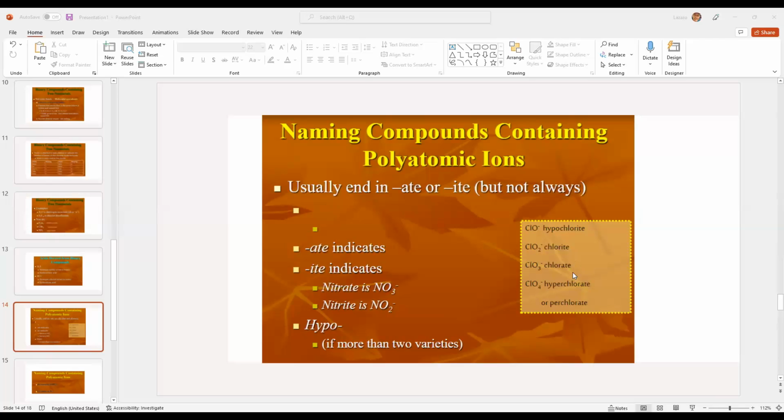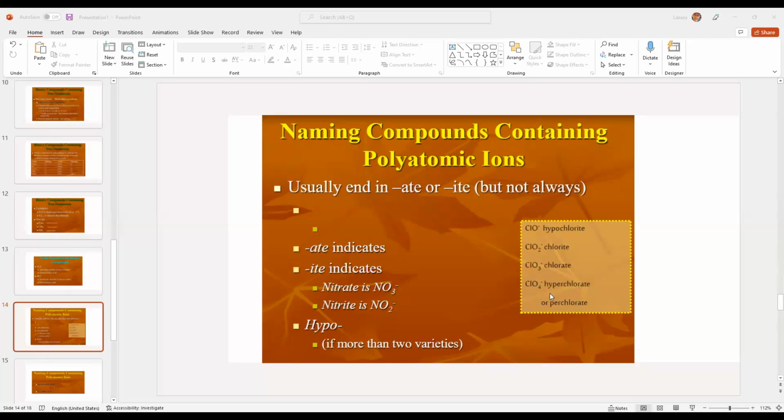But there are some compounds like this one that has more types of polyatomic ions. In this case that you have less oxygen, you call this hypo-ite. In this case it's chlorine, then you say hypochlorite. But if it were sulfur, you say hyposulfite and so on. But if you have more oxygen, then you add per to the name chlorate.